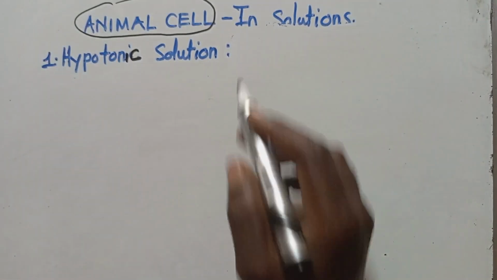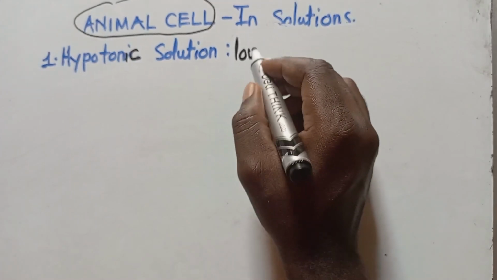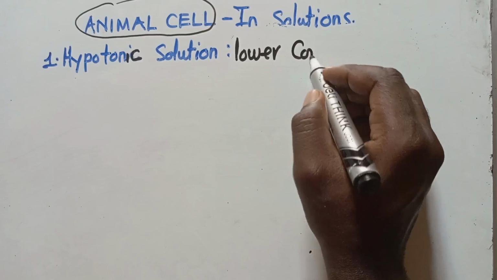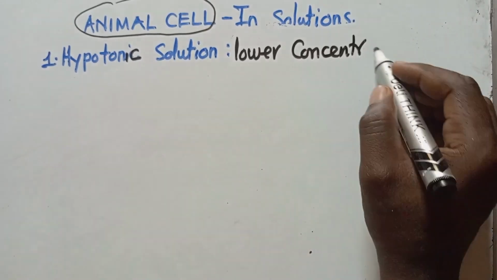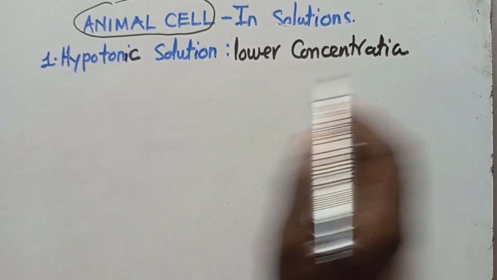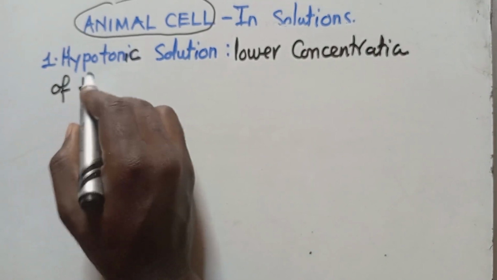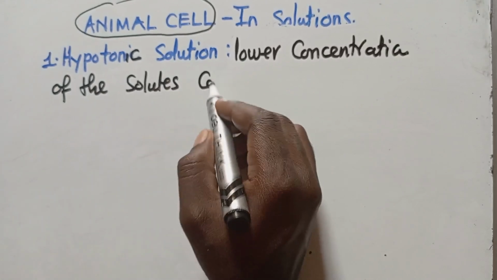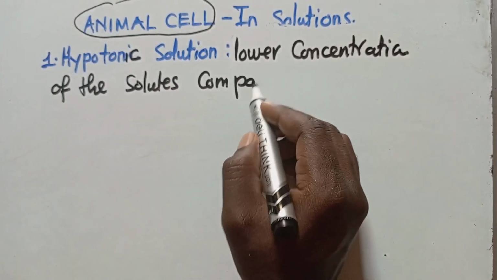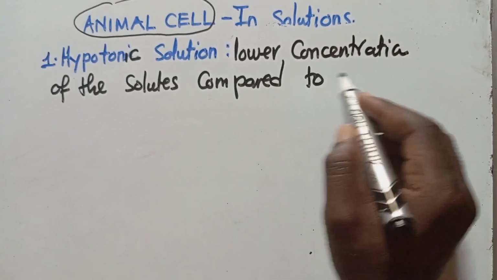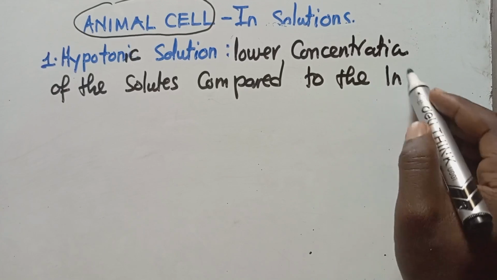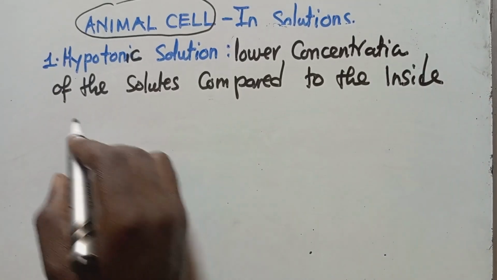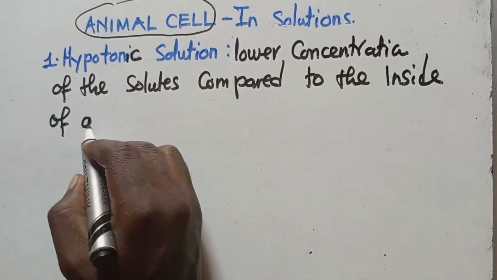The first question that you must be having: what is a hypotonic solution? A hypotonic solution is a solution that has a lower concentration of the solutes compared to the inside of a cell.